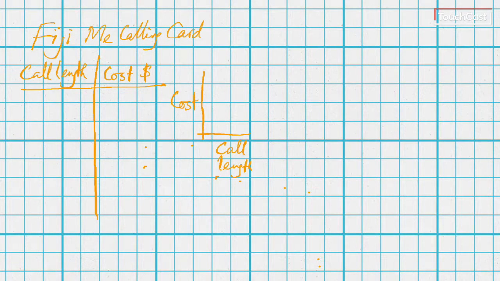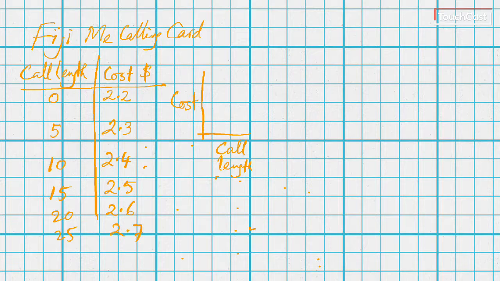So it goes on like this: 0, 5, 10, 15, 20, 25, and then the starting cost is 2.2. For 0 call length, you've got to pay $2.2, and then 2.3, 2.4, 2.5, 2.6 and 2.7.